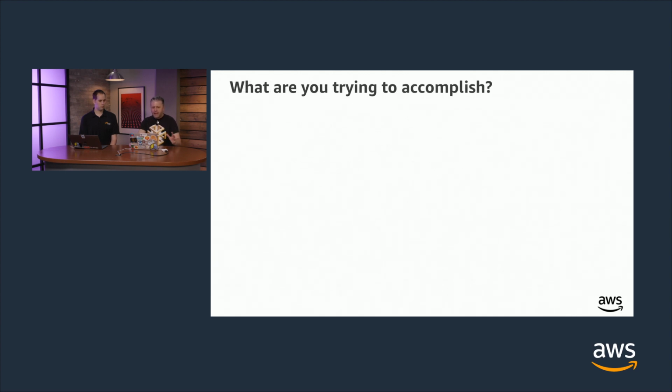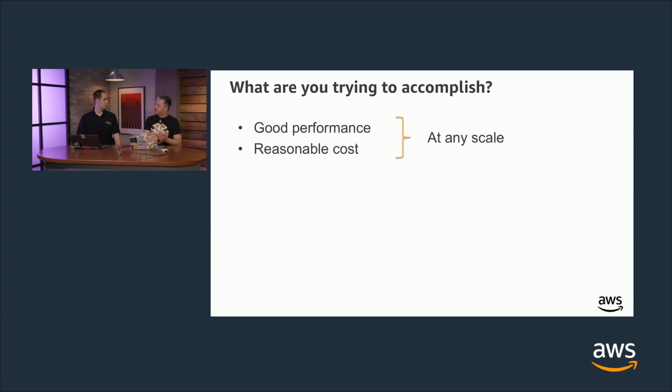So to recap, what are we trying to accomplish? Good performance and reasonable cost at any scale. That's the goal of these design exercises, data modeling for any non-trivial use cases. And now we know that we can model relationships and we can maintain data consistency on updates as well.